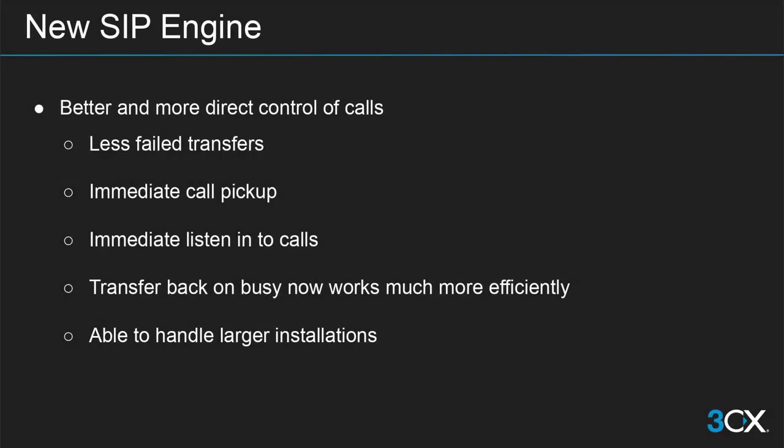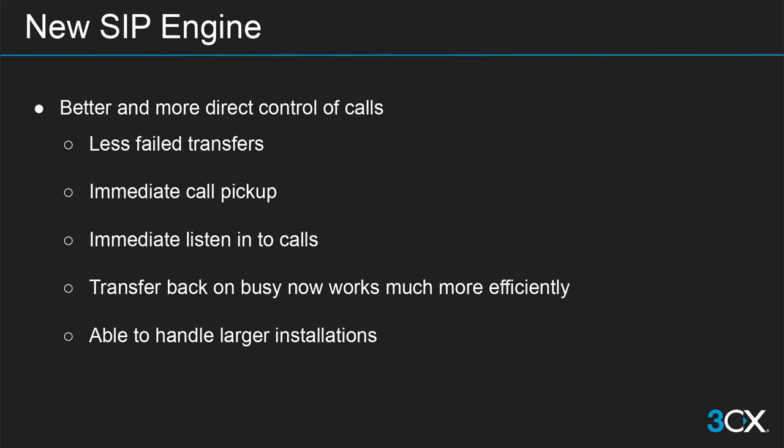Version 20 is not just a new interface. It is a rewriting of the entire system from the ground up. Since we are using a new SIP engine, we are able to give a lot more performance, to be more flexible, more agile, to give better and more direct control of the calls. A lot of the functionalities that were previously a bit sluggish are a lot more performant now.